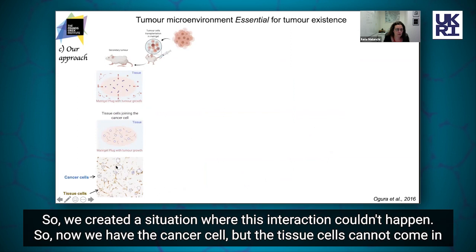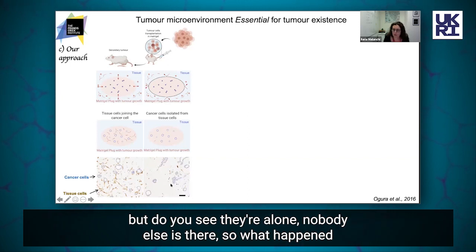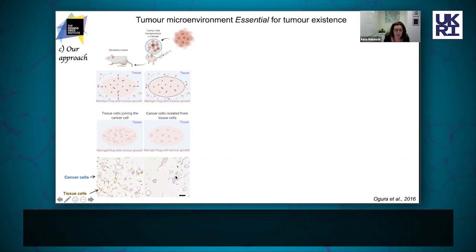So we created a situation where this interaction couldn't happen. Now we have the cancer cells, but the tissue cells cannot come in. And if that's the case, the tumor cells in the beginning grow equally well, but you see they're alone. Nobody else is there.